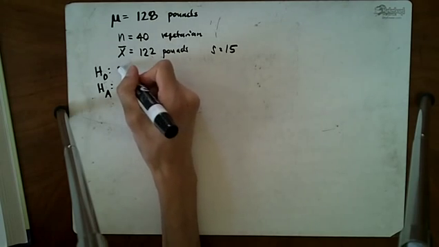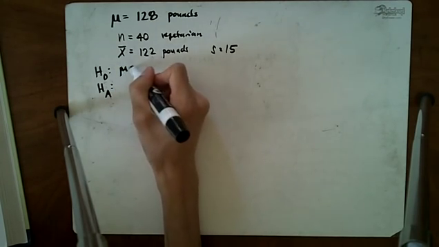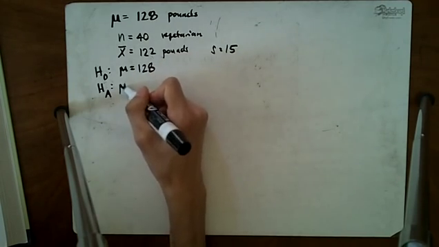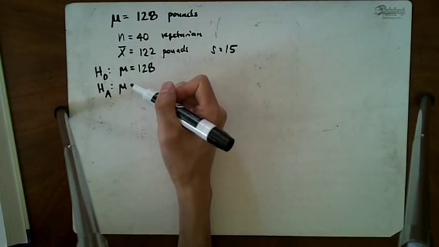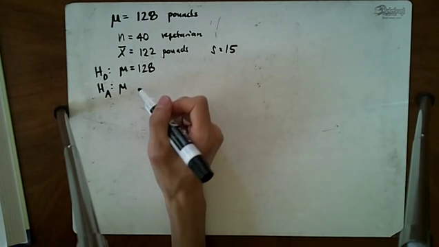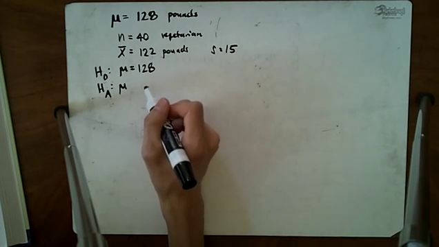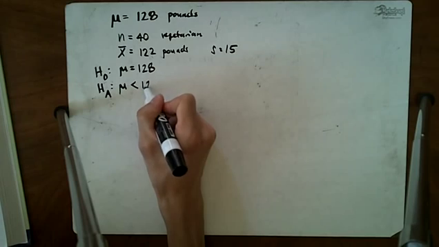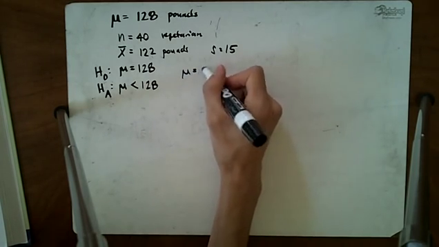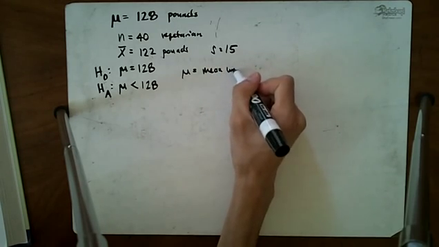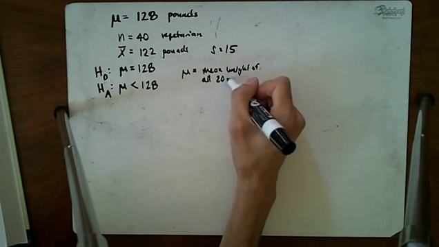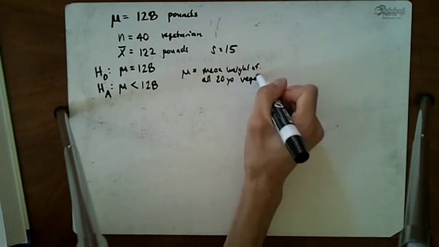In this case, the null is that the mean is the same as for all women, and the alternative, in part A, it says determine if the mean weight is significantly less than 128 pounds. So we're going to write less than 128, okay? And here, mu represents the mean weight of all 20-year-old vegetarian women.